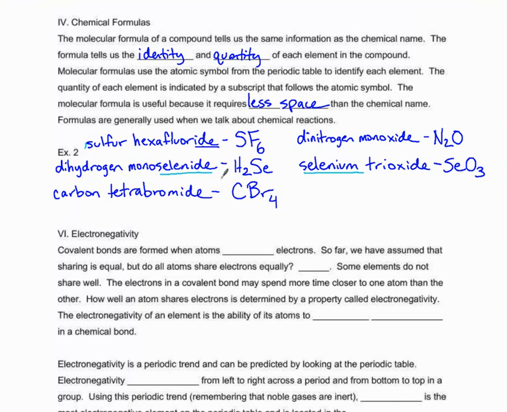Selenium comes last. Remember, we're reading left to right on the periodic table, just like we did in the previous unit. Carbon, tetrabromide. Carbon is more to the left. Dinitrogen monoxide. Nitrogen is to the left of oxygen. Selenium trioxide. Now they're in the same group, but selenium is more towards the bottom and oxygen is more towards the top right. And this will make more sense really when we talk about the next section, which is electronegativity.